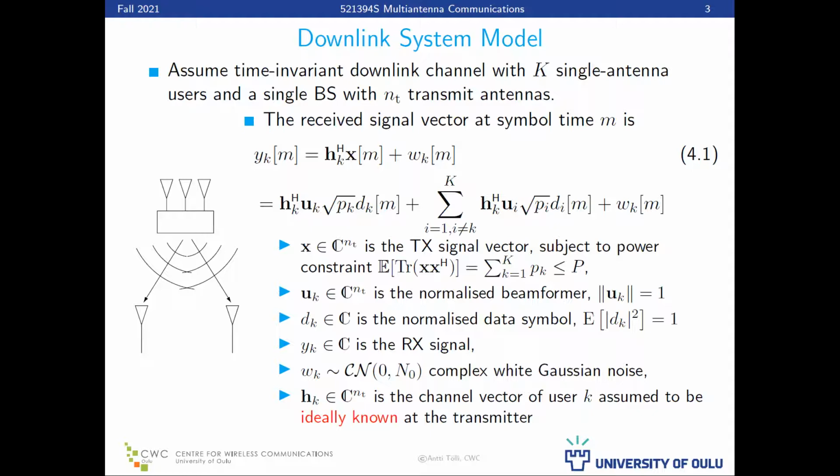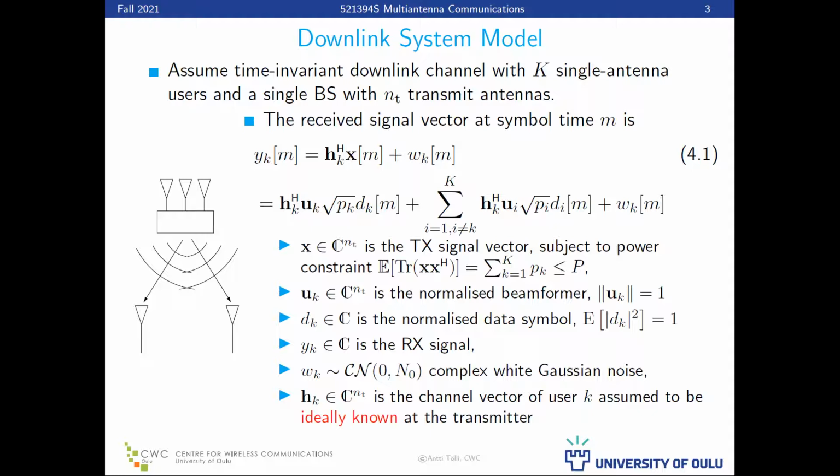Okay, received signal model. We start with the single antenna case, y_k. The received signal consists of the transmitted signal vector x from all antennas, propagated over a channel vector h_k.